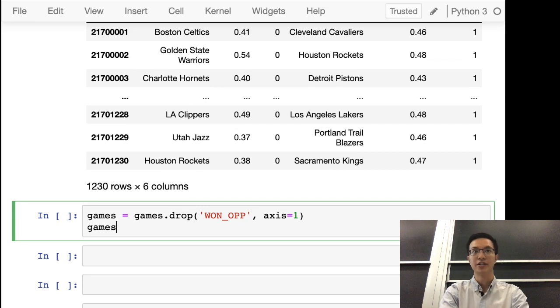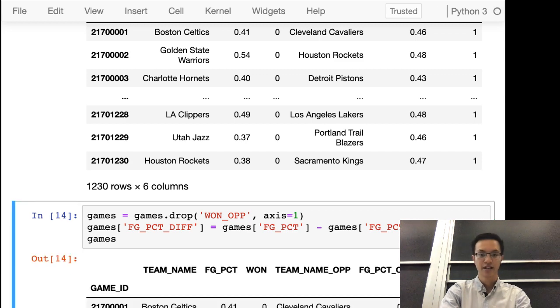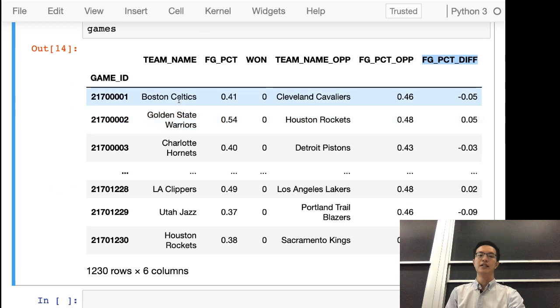And then we can make a new column called field goal percentage difference. And this will be the field goal percentage column minus the field goal percentage column of the opponent. And there they are. Okay, so we have this new column here, the difference between this team and that team.